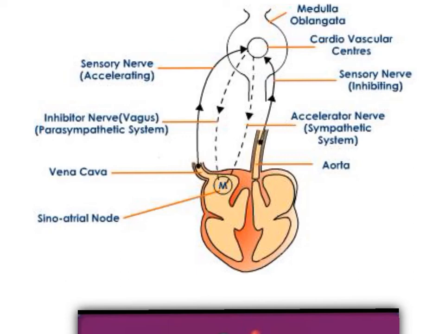Okay, so this is constantly monitoring blood pressure in the venous system and the arterial system, and responding accordingly to make sure that blood pressure is kept constant. Now, also, we have input from chemoreceptors.